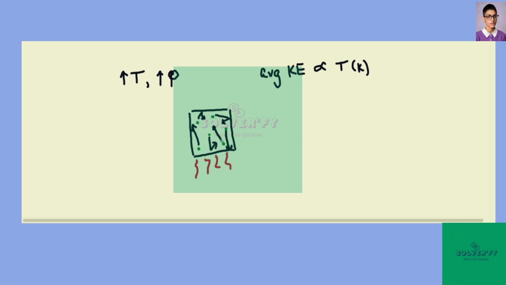Now, how does this relate to pressure? Remember that the pressure of a gas is caused by the collisions of the gas particles with the walls of its container. So let's go through this logic.